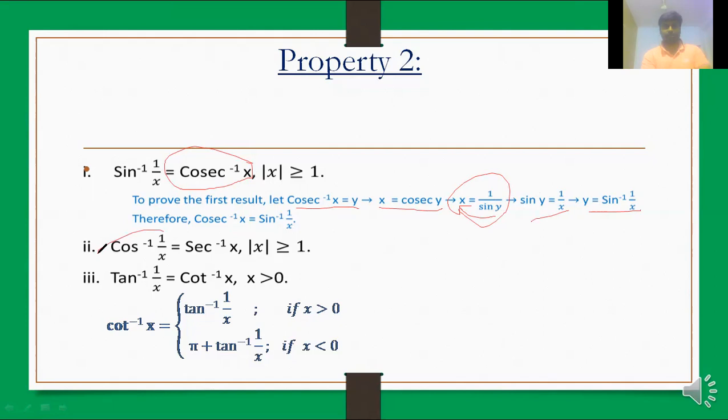Similarly, how can I write cos inverse of 1 by x? Secant inverse of x. And modulus of x is greater than or equal to 1 in both cases. What does it mean? Below -1, above 1. So here we can write minus infinity to -1, a closed interval, and the union, 1 to infinity.